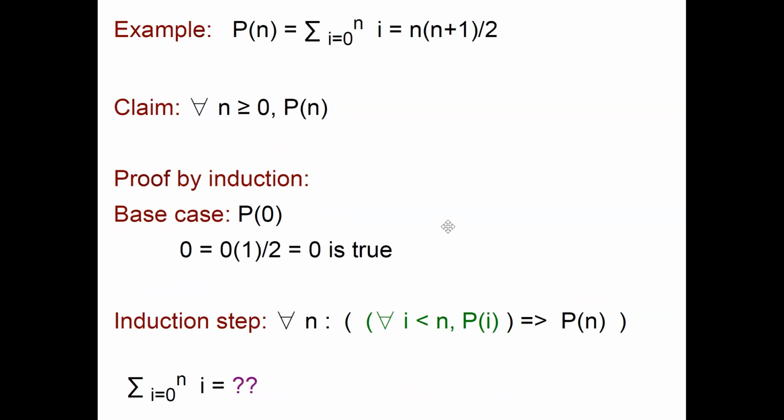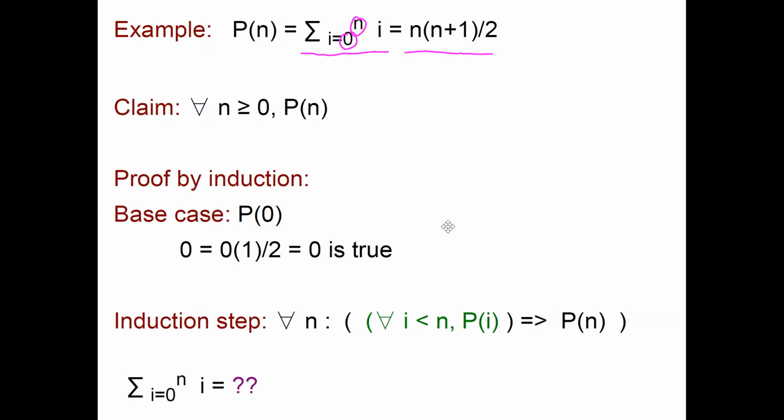Okay, let's give an example before we get into the grammar, of how we can prove that the sum of the integers i, for i going from 0 to n, is equal to n times n plus 1 divided by 2.